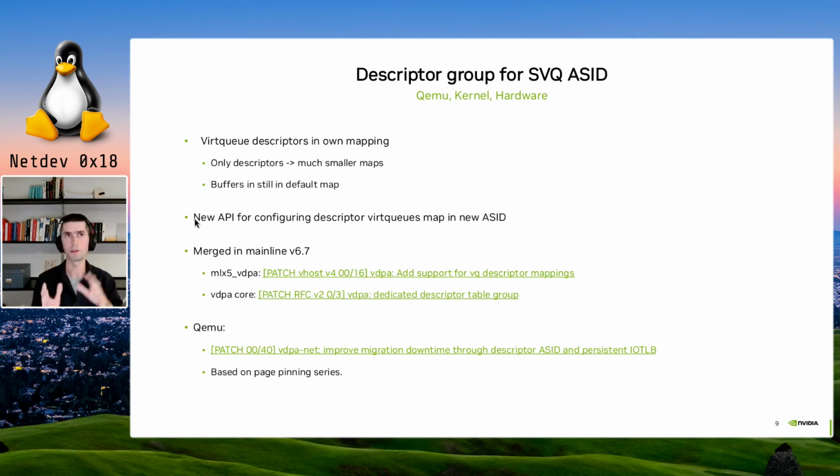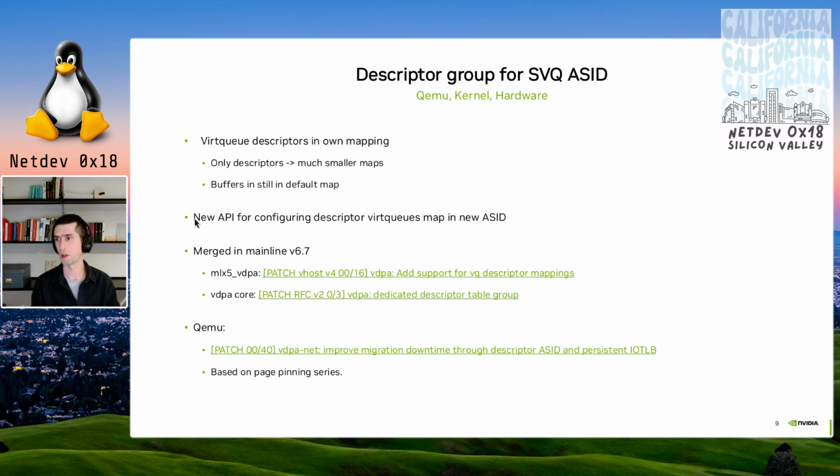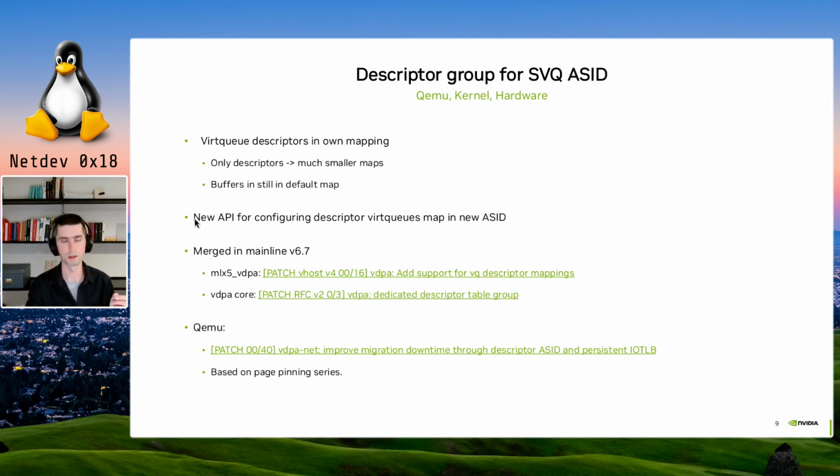During normal operations, that mapping is the same as the large VM mapping that you normally put in. But during live migration, we switch that over to the smaller mapping that we pre-create. This involves a new API for configuring this mapping into its own PCI address space ID. On the kernel side, the changes were accepted. On the QEMU side, they're still pending.